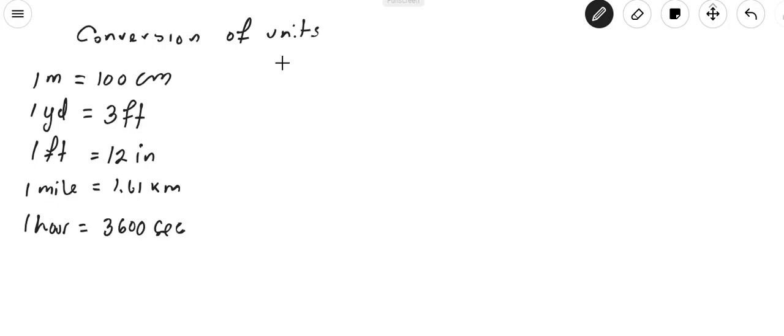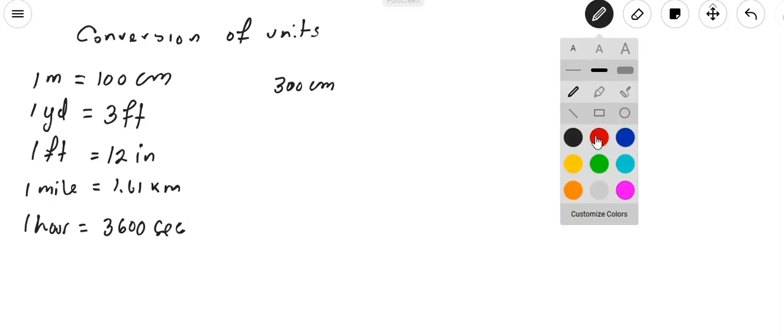So suppose that we have 300 centimeters, and we want to convert these 300 centimeters into meters, right? If I want to convert this into meters, I have two different ways to write the relation between meters and centimeters.